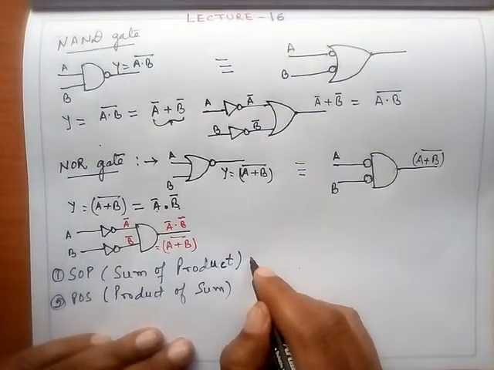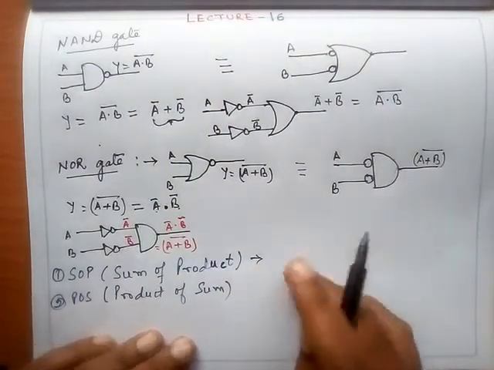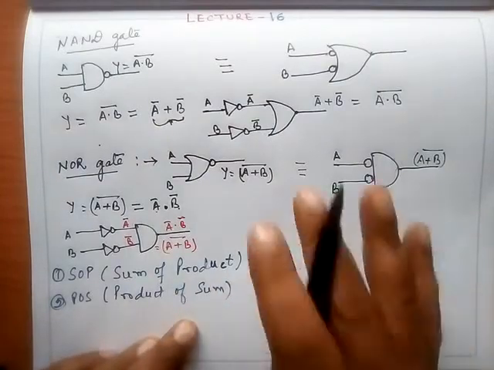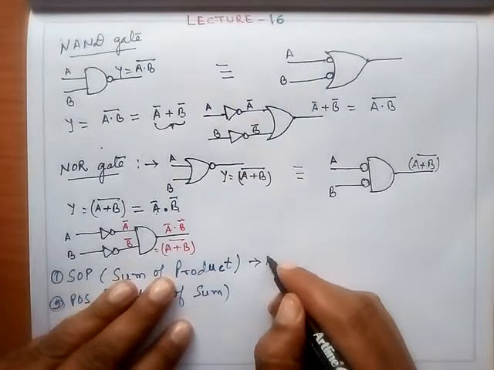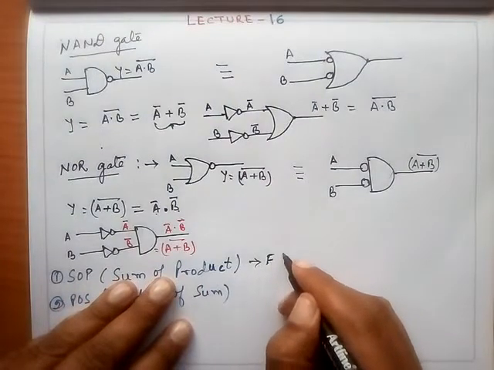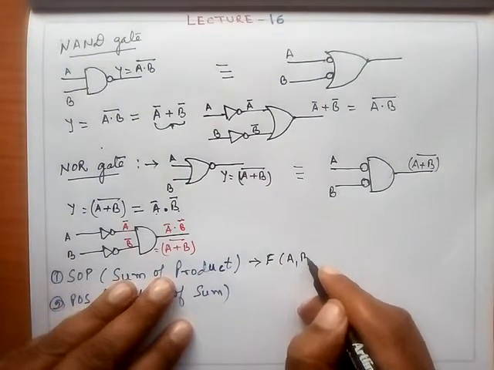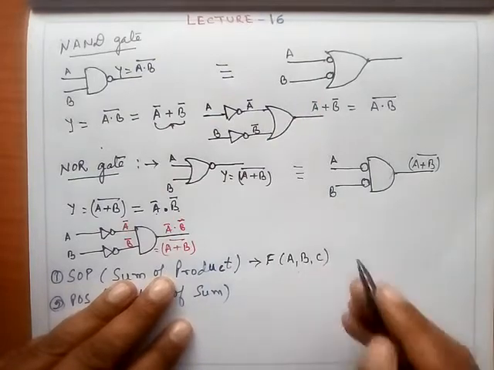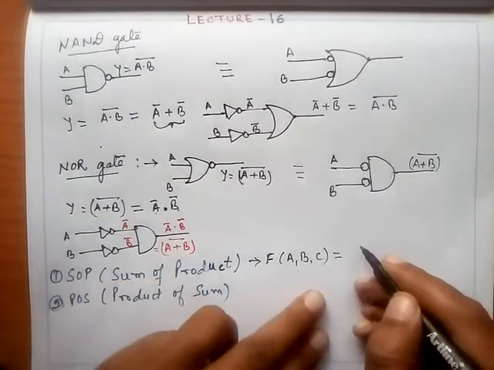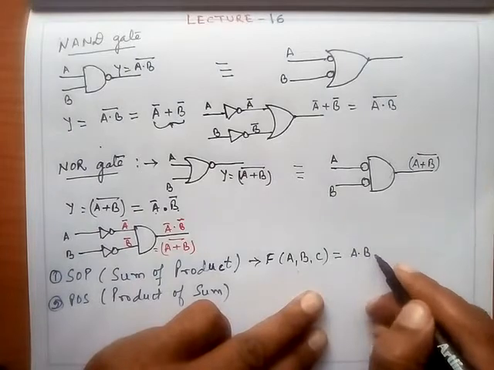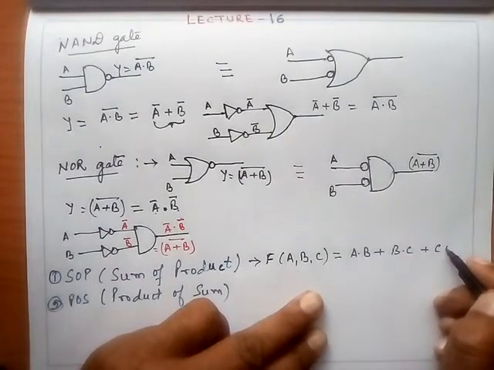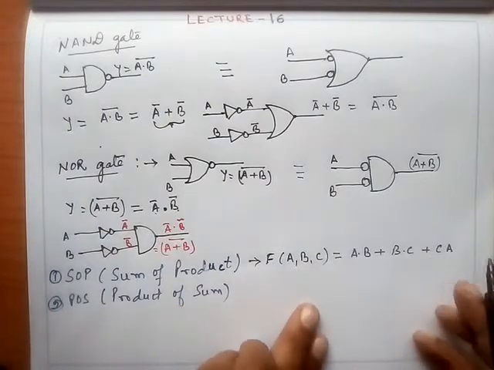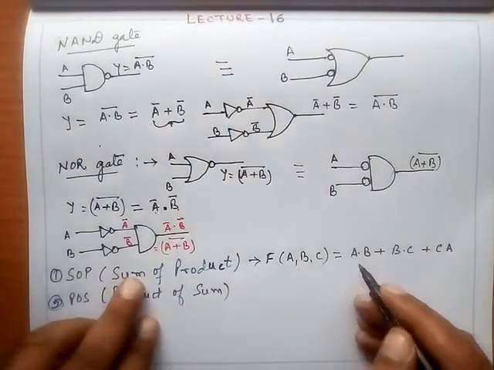See, any Boolean function is a function of certain variables. Suppose you have a Boolean function f, which is a function of three variables a, b, c. If it is in the form of a dot b plus b dot c plus c dot a, this form is called a sum of product.